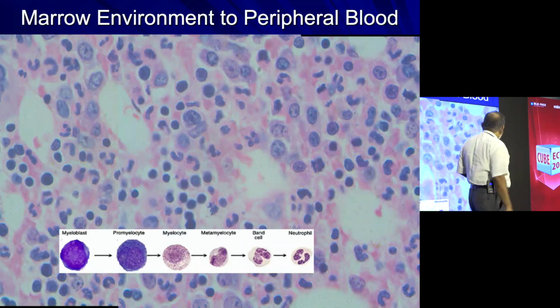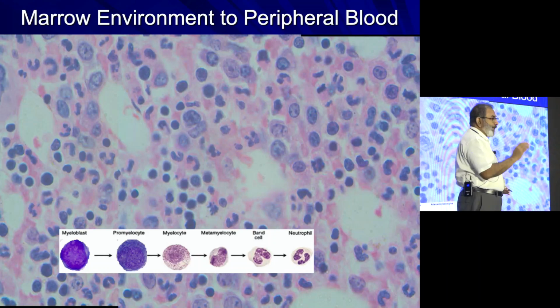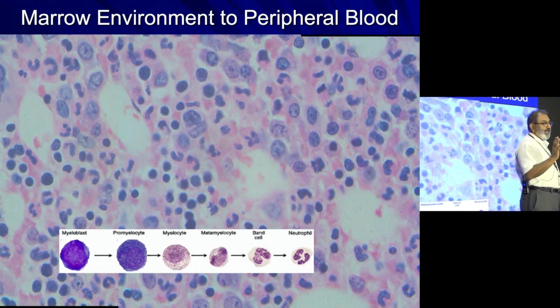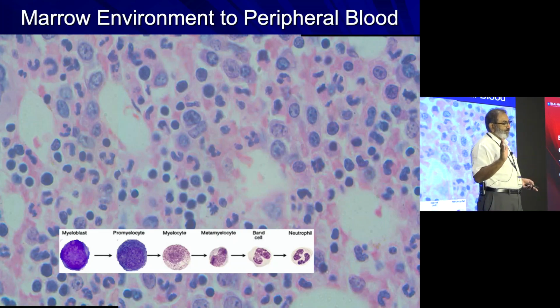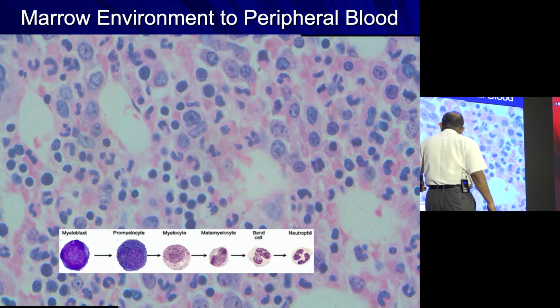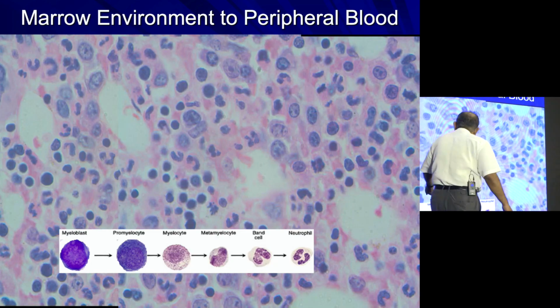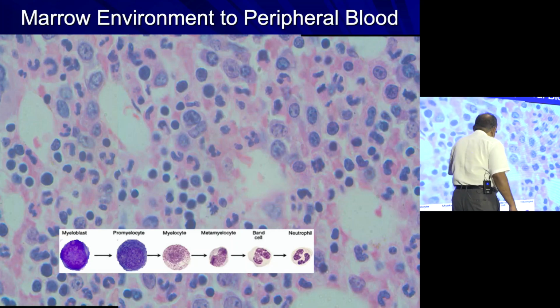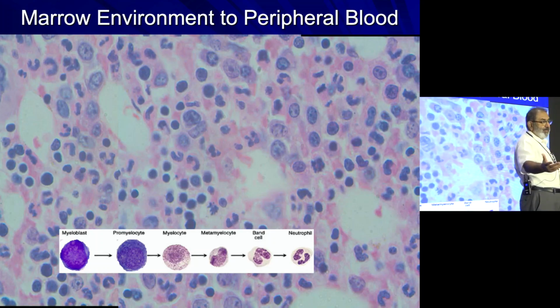So we told that when a neutrophil comes from a blast, it takes 5 to 7 days. In a marrow, from a blast to neutrophil takes 5 to 7 days, and it undergoes 4 changes. One of the changes is that the nucleus becomes small, the blue color of the cytoplasm becomes grey because all the RNA gets converted into proteins and they become grey.